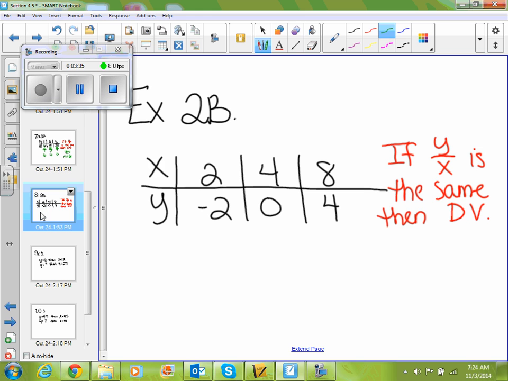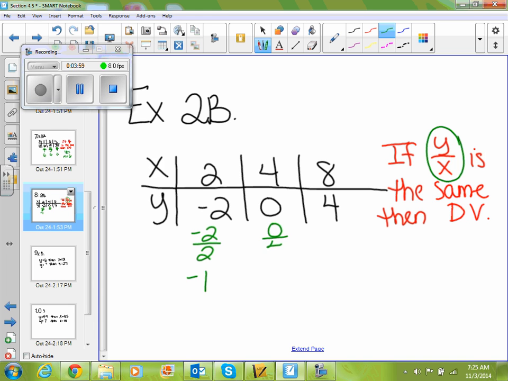So if I look at 2b, I have 2, 4, and 8 for my x values, and negative 2, 0, and 4 for my y values. I'm looking to find my y over x. So if I start with my first values, negative 2 over 2. Well, negative 2 divided by 2 is negative 1. So negative 1 is my first value.